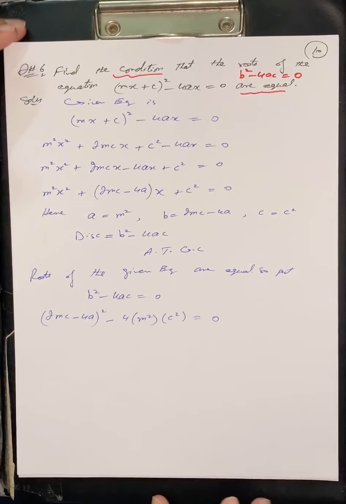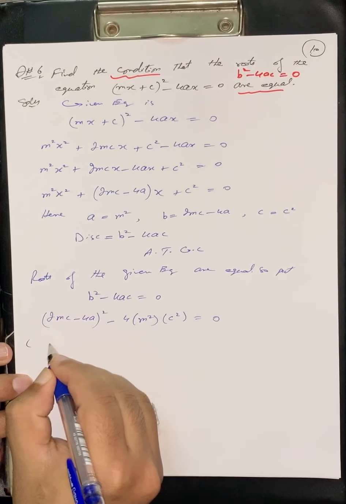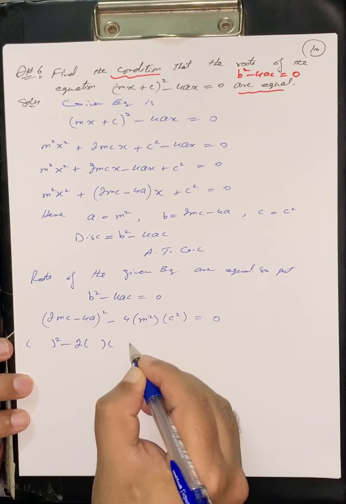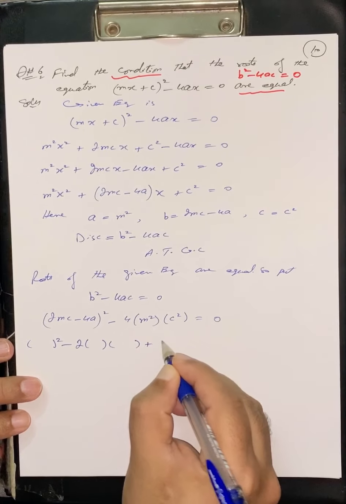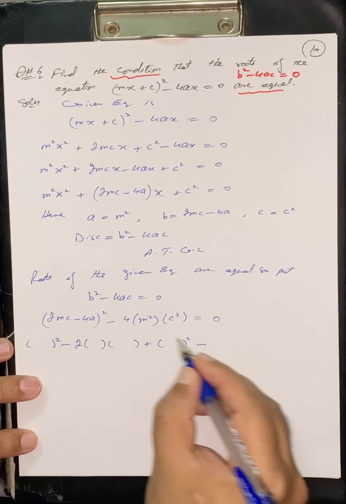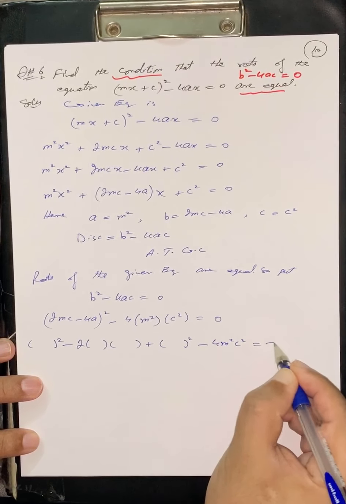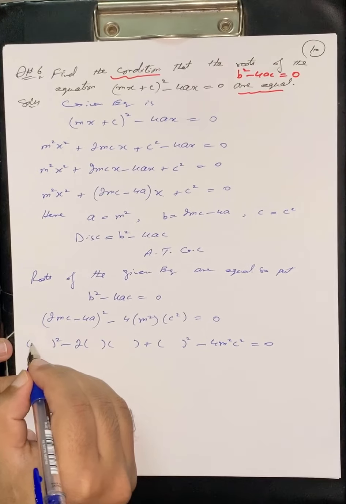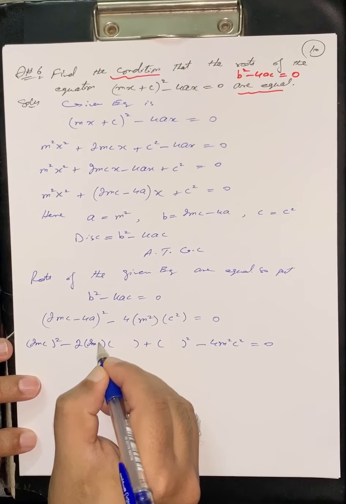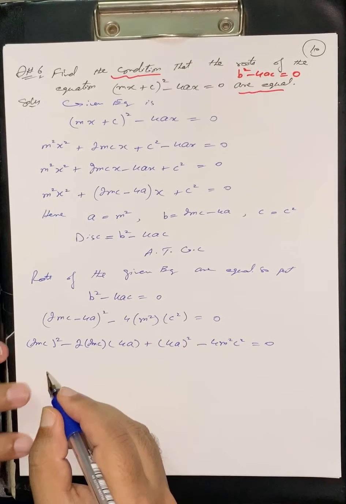Now we apply the formula (a minus b) whole square, which is a square minus 2ab plus b square, minus 4m square c square equals 0. Use values: 2mc, 2mc, 4a, 4a.